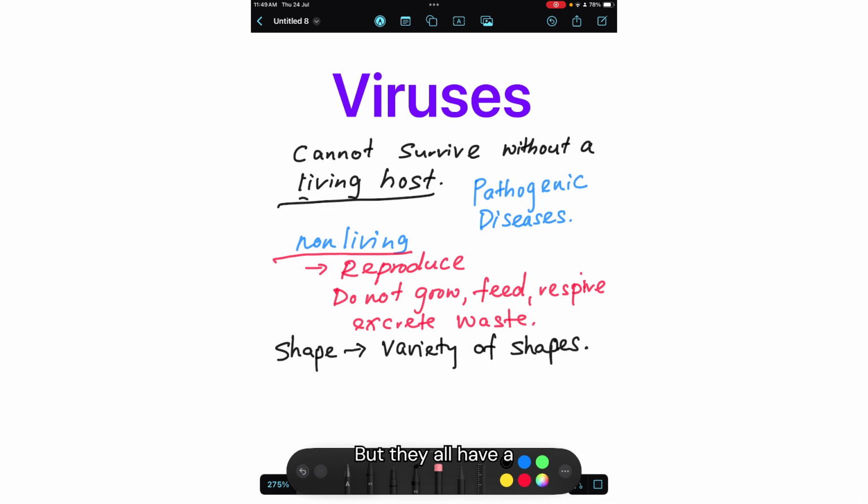But they all have a special protein case that holds genetic material. So this one has the genetic material.